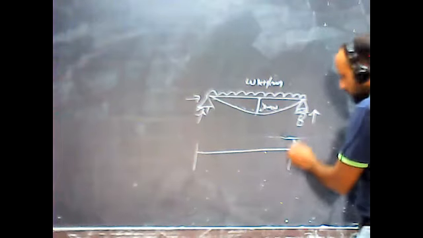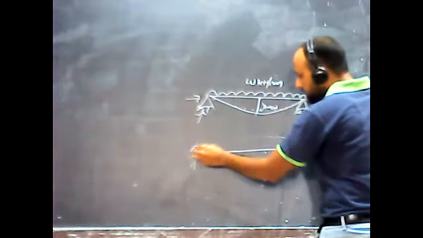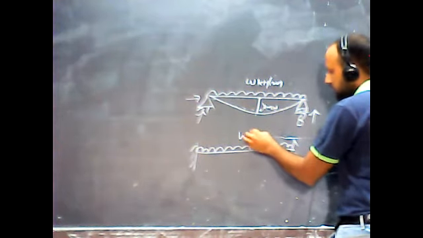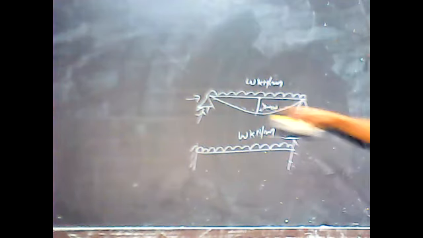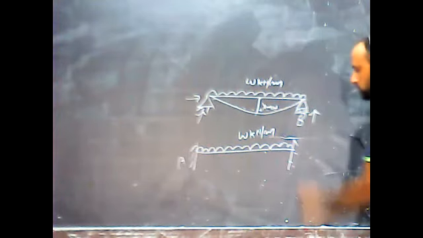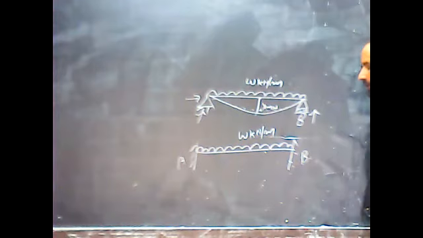And now the fixed beam, which has the same loading; I just changed the support condition. Initially I had a simply supported beam with a hinge support at A and a roller support at B, but now I changed the hinge to fixed and the roller to fixed as well.